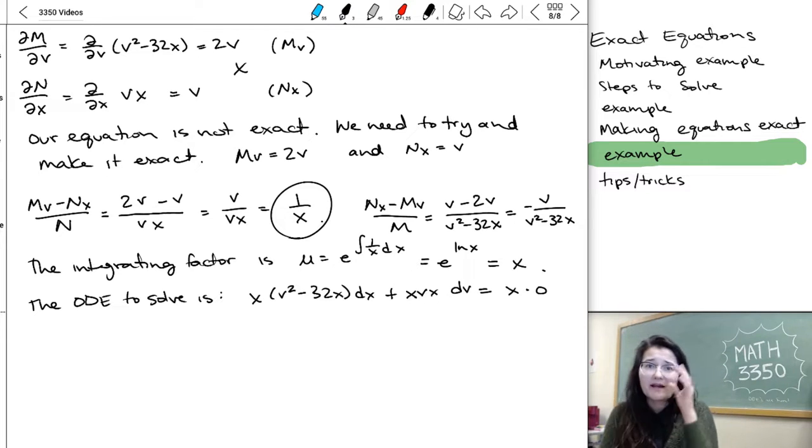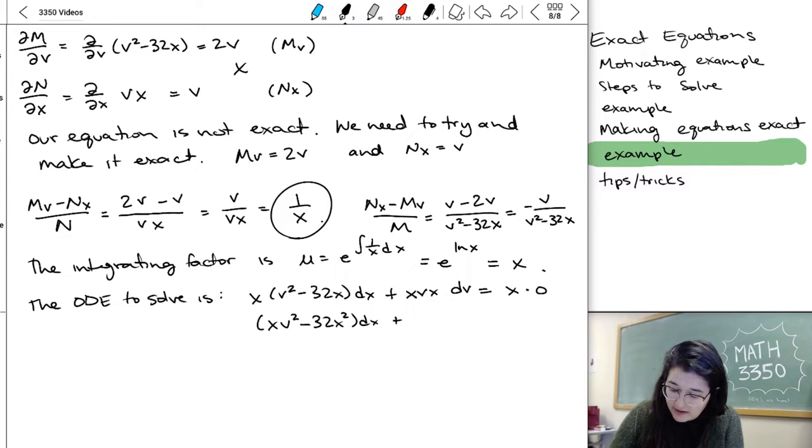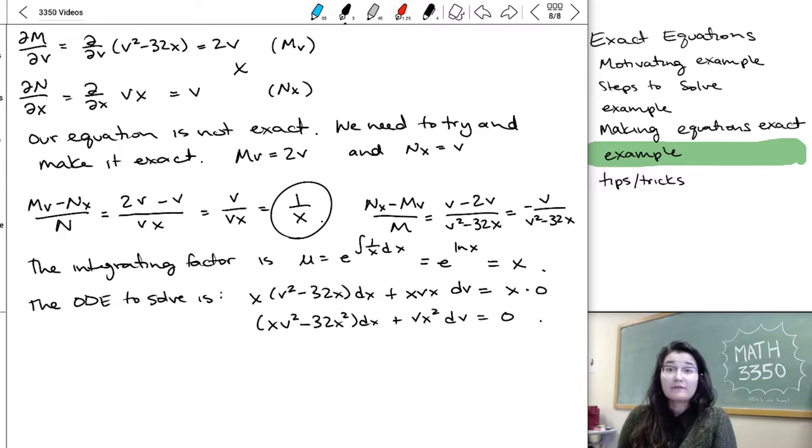And that part on the right is always 0, so it's always just going to stay 0 when we do this. Simplifying that gives us xv squared minus 32x squared dx plus vx squared dv equal to 0. And from here we can go ahead and proceed with the regular steps for an exact equation.